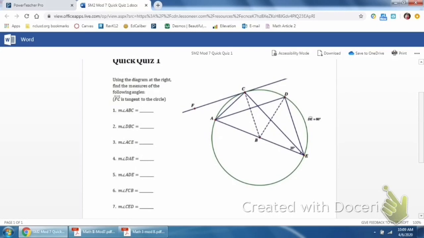So on the first one, they ask, what's the measure of angle ABC? That would be that angle right there. Hopefully we can take those two endpoints, A and C, and remember, if we can connect them to a point on the outside of the circle, then that angle, 25, is half of the one we're looking for.